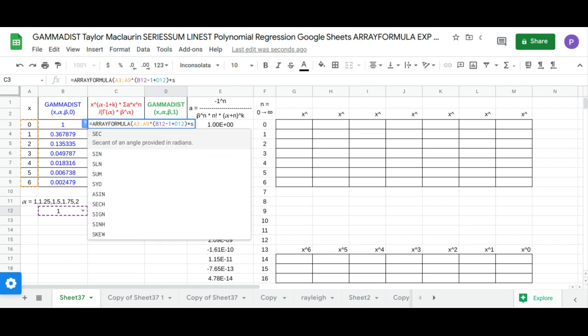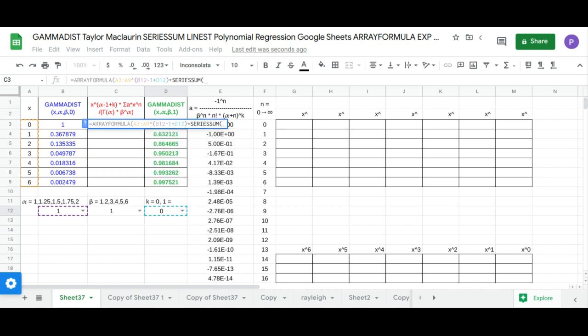So series sum of the x values. That's x values raised to the power n, where n starts from 0, incremented by 1. And the coefficient a, which is this range. That's our series sum.